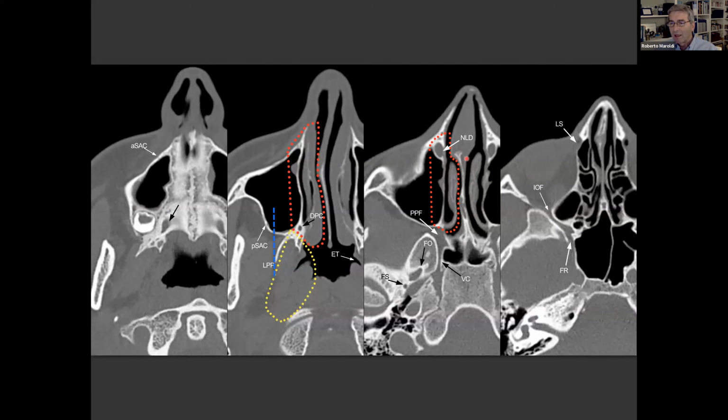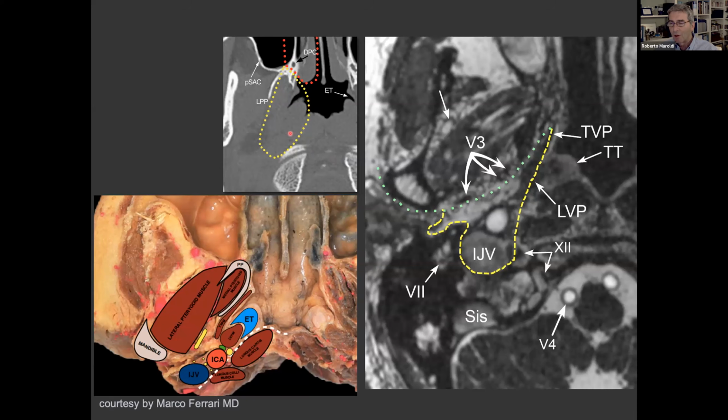When you plan a surgical approach to the skull base, it is important to know, as we already mentioned, the opening of the Eustachian tube and all the structures behind the medial and lateral lamina of the pterygoid plate, because unraveling those, you will have the medial pterygoid muscle, the levator palatini muscle, the Eustachian tube, the tensor veli palatini, and so on.